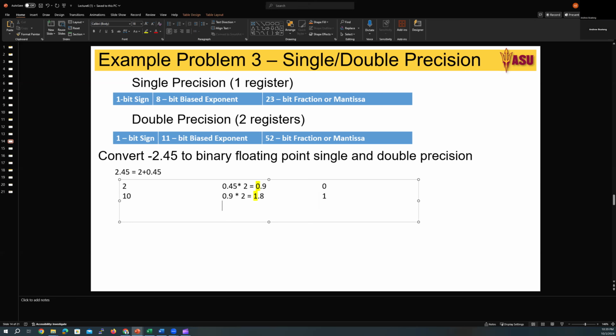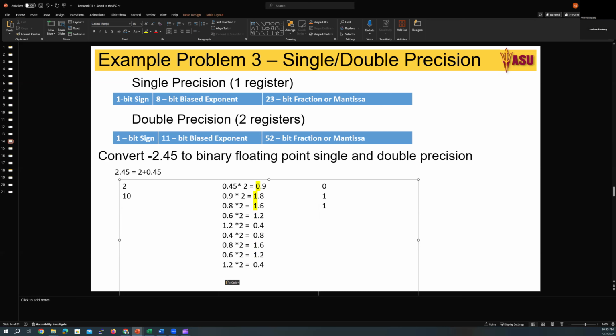So now I'm going to do the same thing. The 0.8 part times 2 is 1.6, which means we get to keep the 1 from here. Move it over here. Cool. Now we're going to repeat this for a while. To prevent wasting much time, I have this written out.